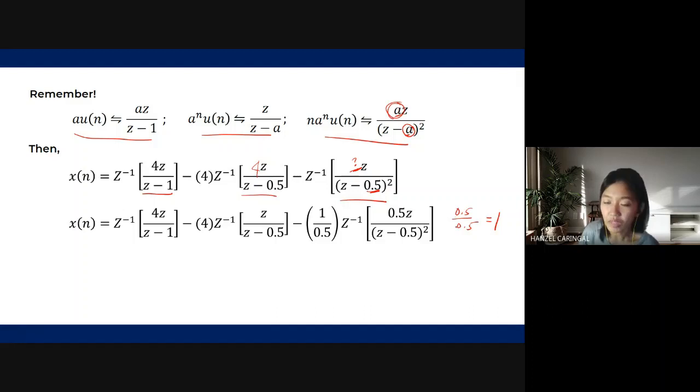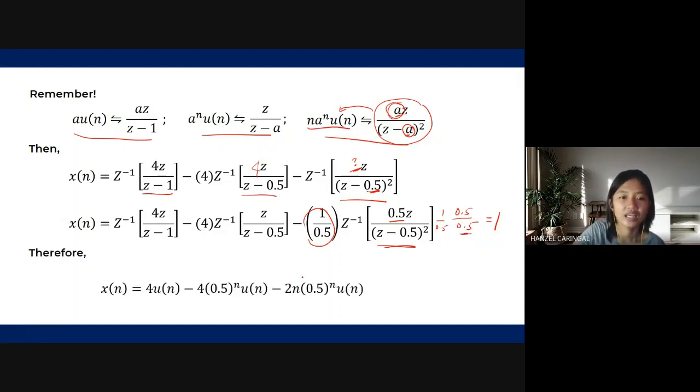Then we take out the constant 1 over 0.5, times the inverse transform of this term. So we have obtained the form of this pair. I hope you get it.